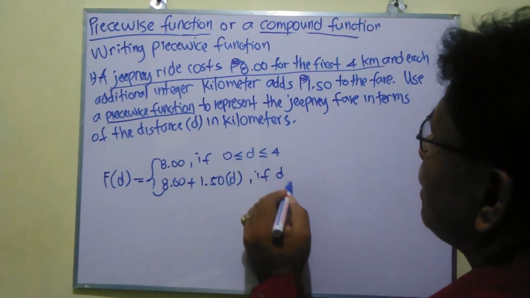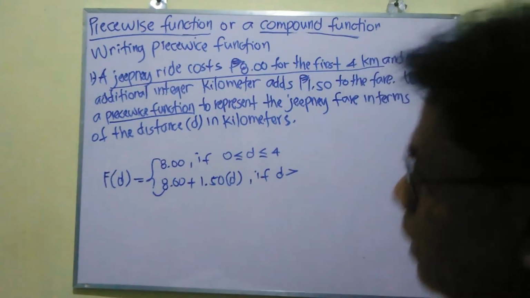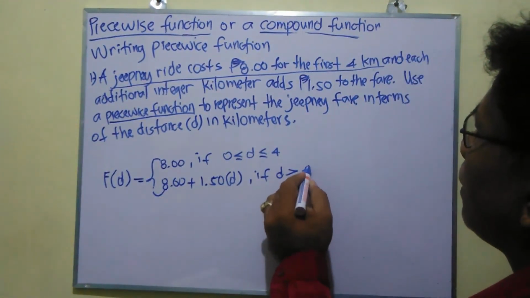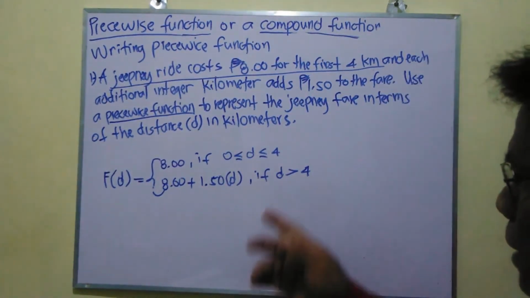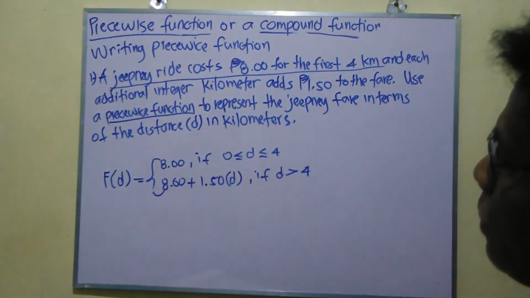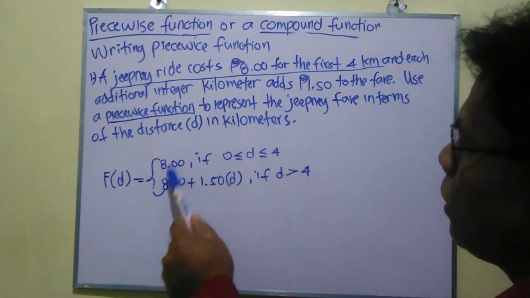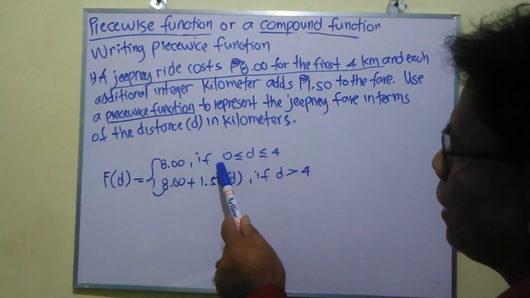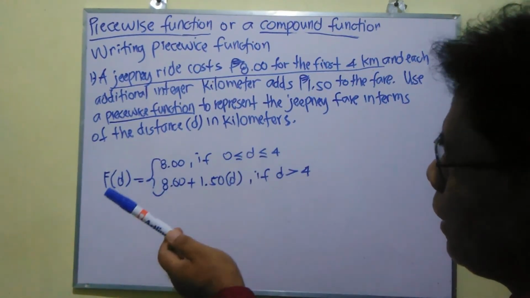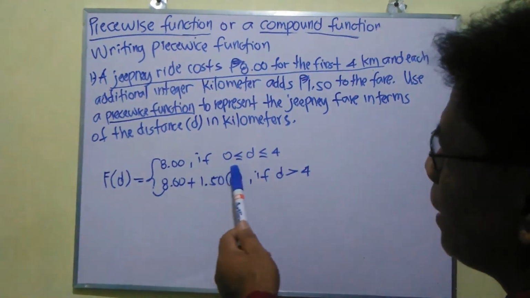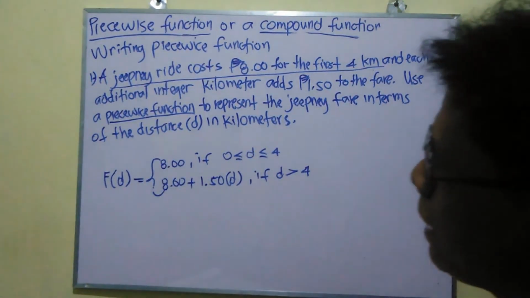the distance starts at greater than 4, no? The distance d is greater than 4. So the first statement is the fare if the jeepney travels from 0 to 4, or in an indirect way of saying, the first 4 kilometers, this is the fare.